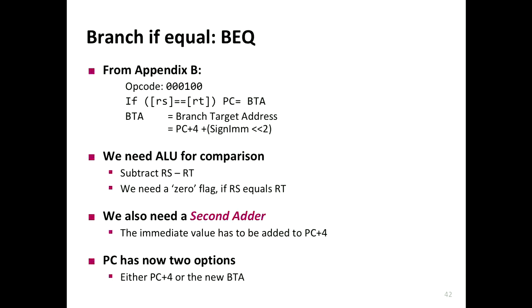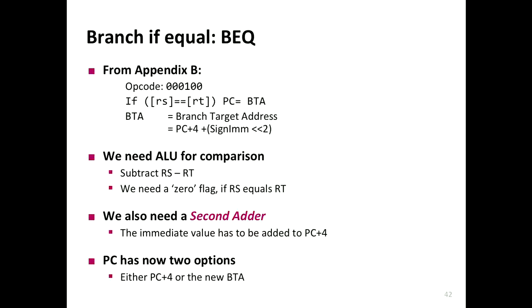So let's go back now for this PC plus 4. Let's go back to the program counter, which we haven't touched at all. The only thing that the PC can do is increment on every clock cycle by 4. But now your PC can either be PC plus 4 or the new branch target address.